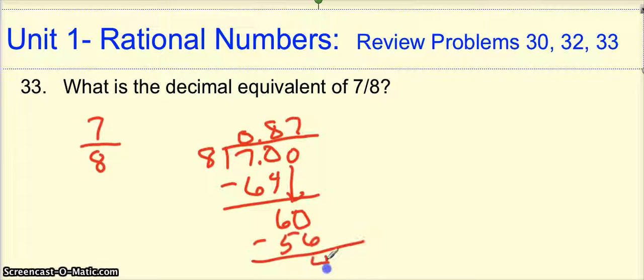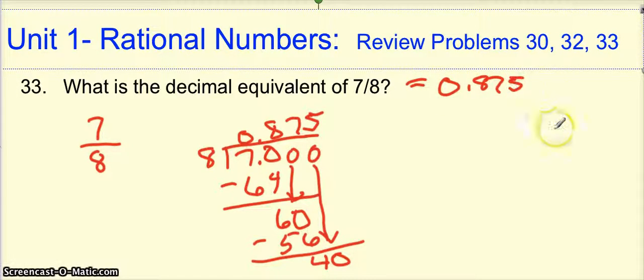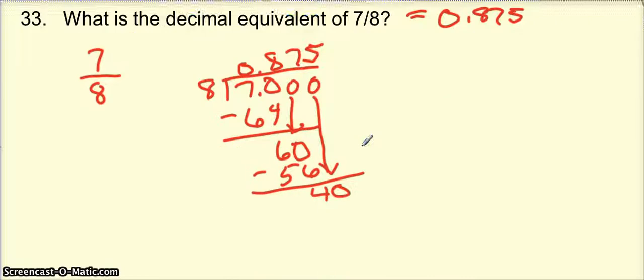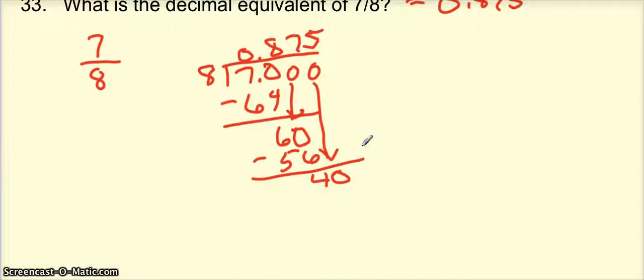I have 4 left over. Add a 0. Bring it down. 8 goes into 40 5 times. So the decimal equivalent of this is 0.875.